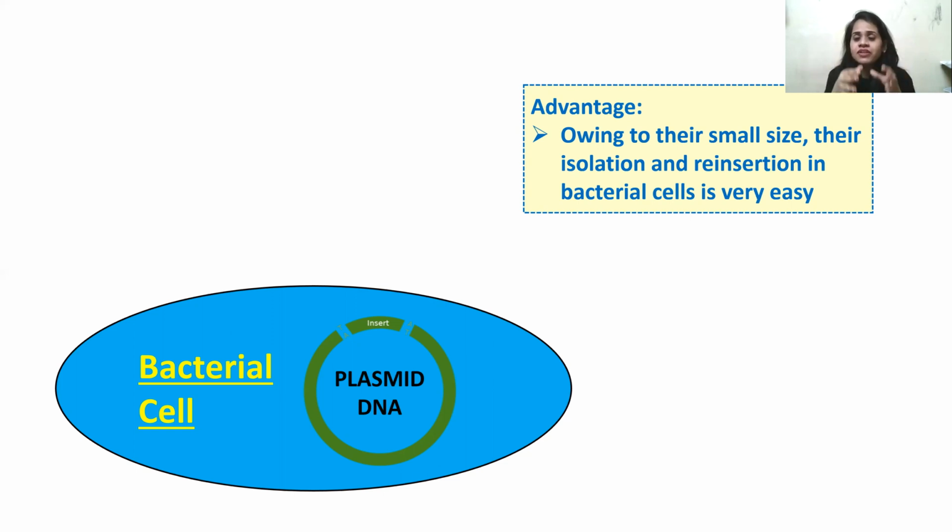Once the gene of interest fits over here, with the help of DNA ligase, it will be called recombinant DNA. And then we have to insert this into the host cell. So we have to isolate as well as reinsert for having multiple copies. So this is the advantage because of its small size. Are you getting it?